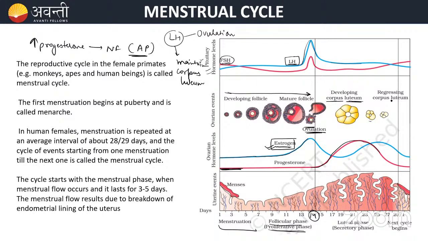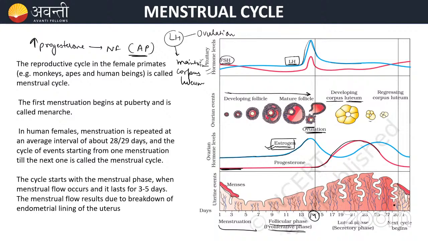I told you that the corpus luteum produces the progesterone hormone, and progesterone is involved in maintaining the endometrium. But progesterone gives a negative feedback to the anterior pituitary. The level of LH drops, and if the level of LH drops, the corpus luteum starts degenerating and forming the corpus albicans. And the corpus albicans does not produce progesterone.